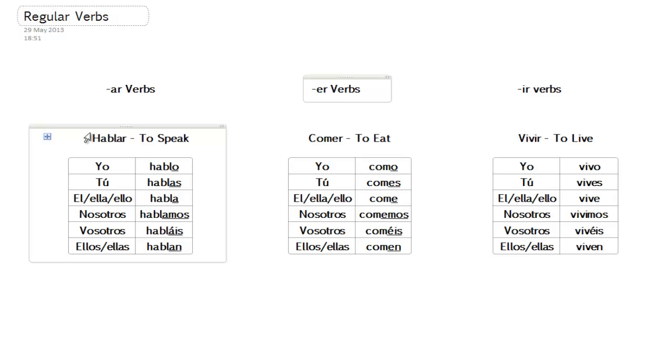What if you want to say, I speak Spanish? Well, you can say yo. Now, remember the stress rules. The stress is on the second last syllable because the word ends in an S, an N, or a vowel.